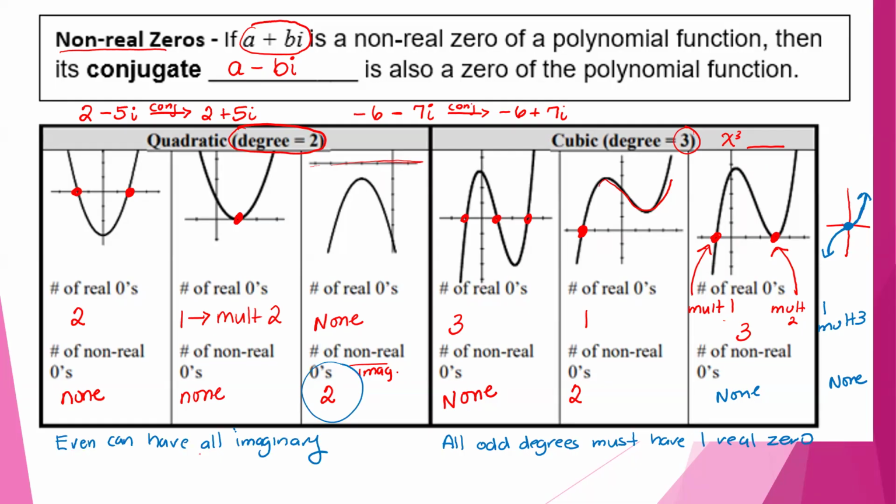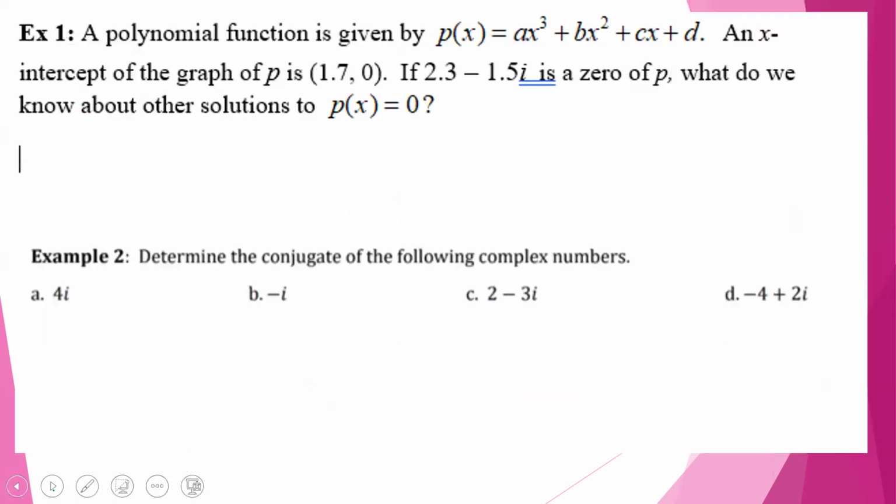So odd degrees must have 1 real, even ones don't. They can have all imaginary, or non-real, whatever you want to call it. We all good here?